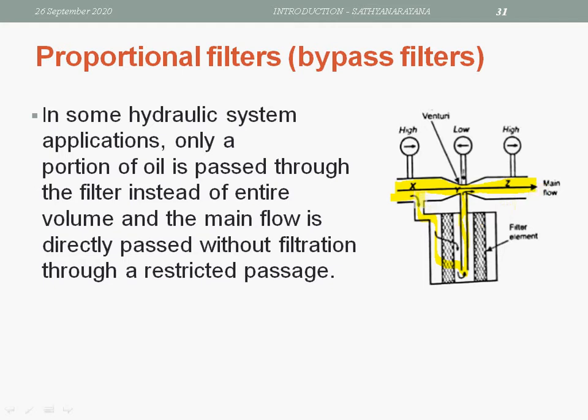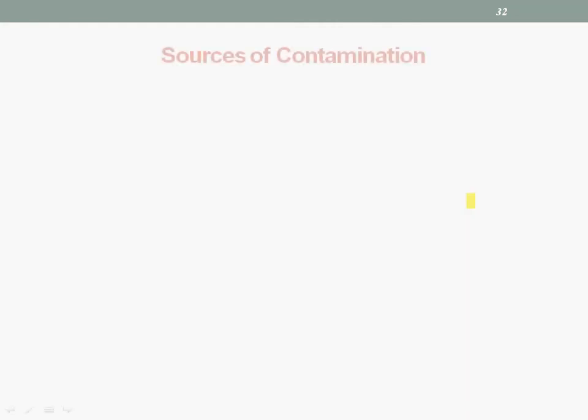Along with this, only a small portion of the oil is bypassed from cross section X, filtered here, and connected again at cross section Y. That is only a small volume being filtered, not completely. This is the case of proportional filters.